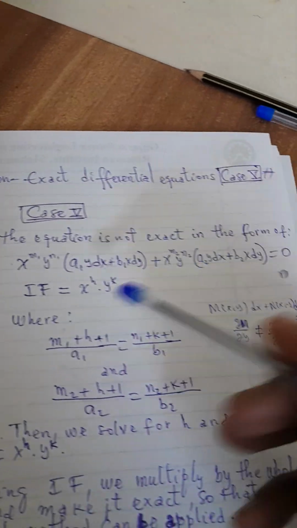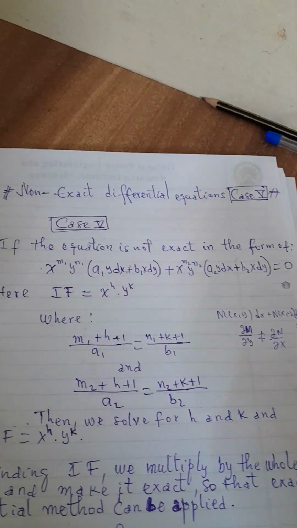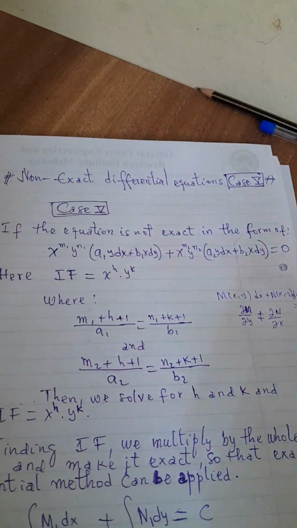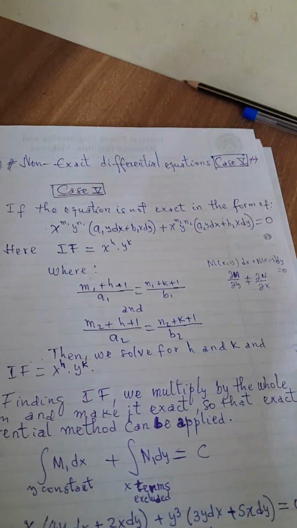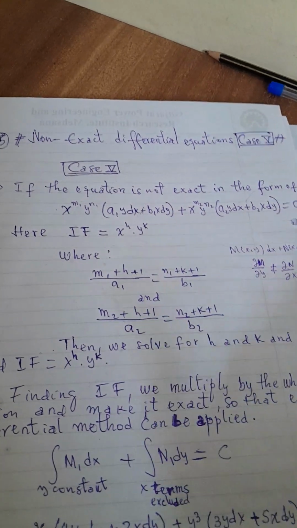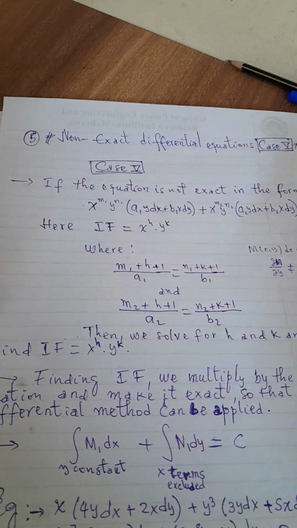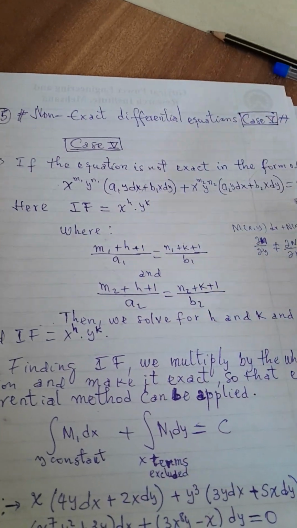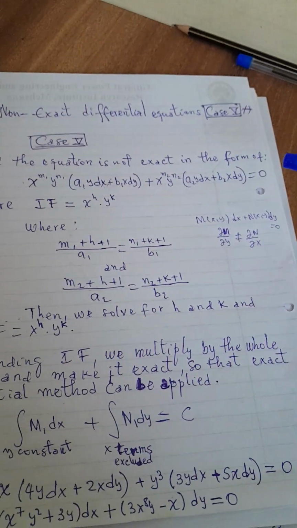We know that to reduce any non-exact differential equation to an exact differential equation, we have to multiply the differential equation by the integrating factor. For this case it will not be different.